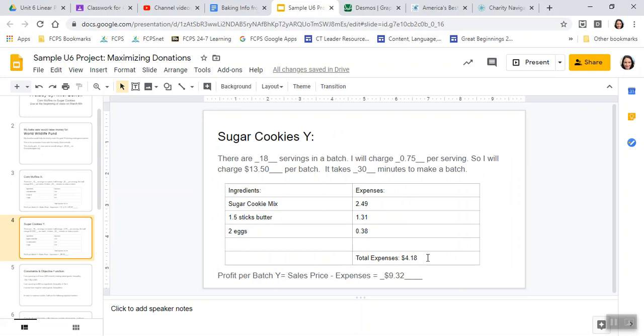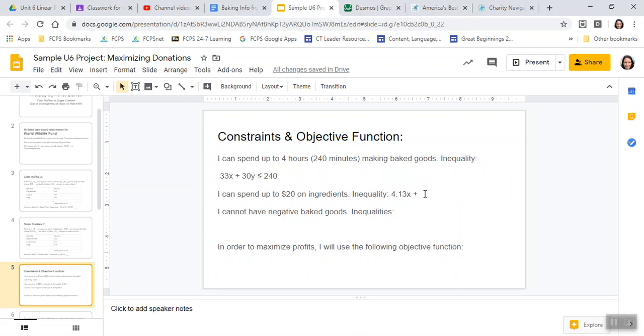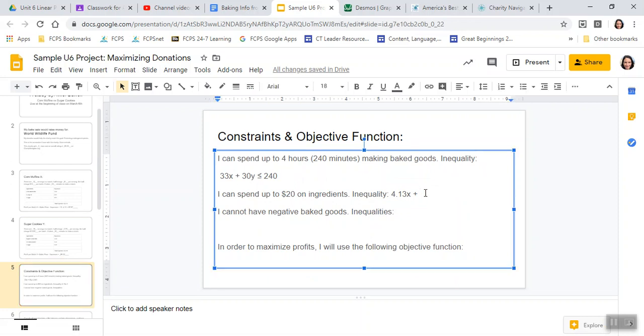It's going to cost $4.18 to make the sugar cookies. Less than or equal to again, so I'm going to copy this one. Less than or equal to the $20 that I have.